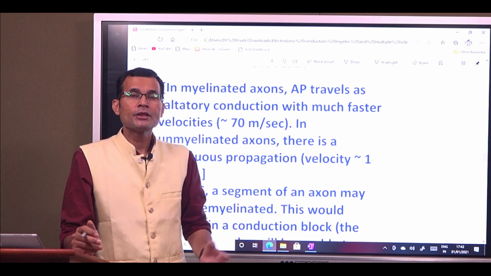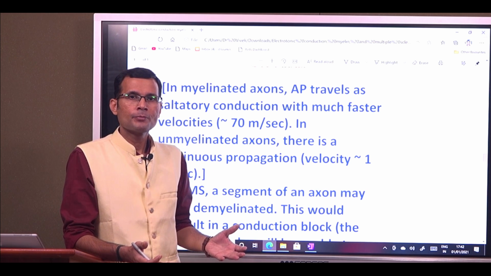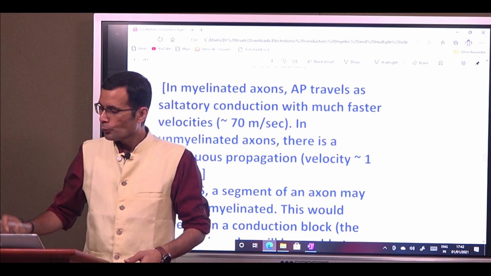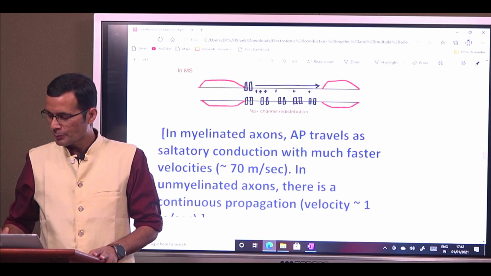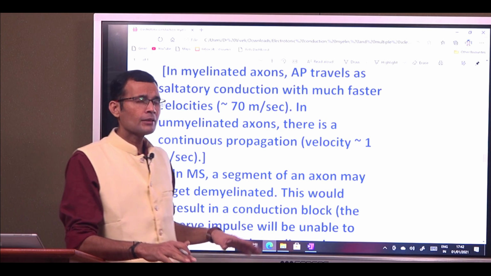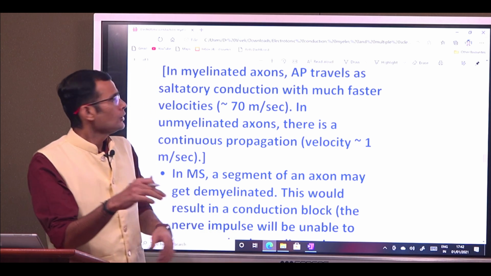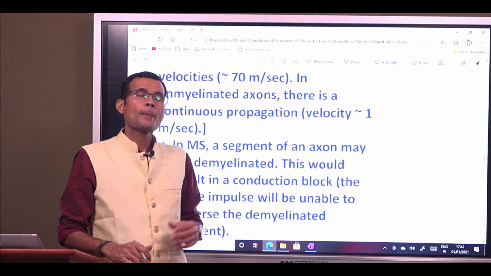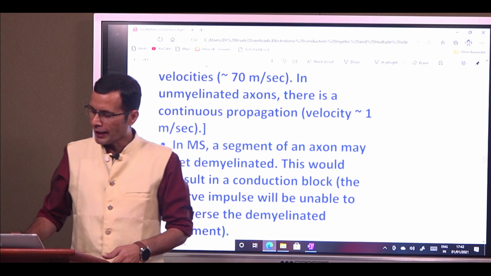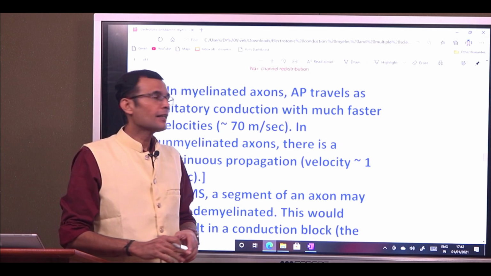With the inflammation, there will be exacerbation of symptoms, and then with this sodium channel redistribution, there will be remission, the symptoms will disappear.